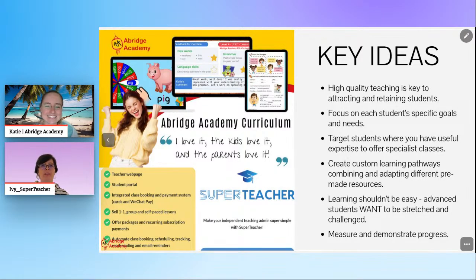As you just pointed out, high quality teaching is key to attracting and retaining students because it speaks for itself, right? No matter if we are skilled or not in selling ourselves, that's going to sell us by default. We just have to put ourselves into the frame of that person watching or searching for us.